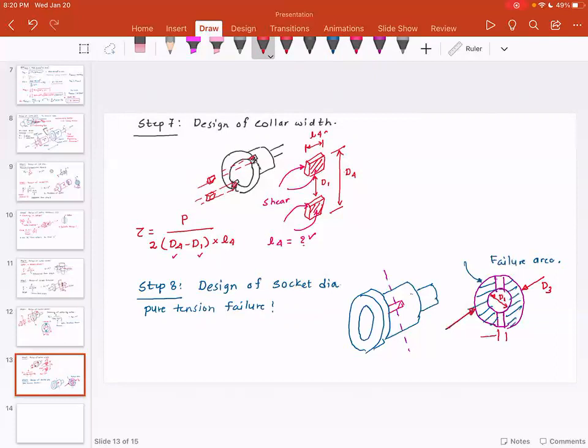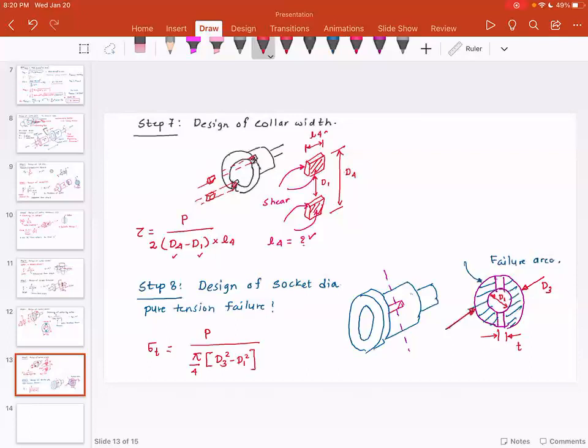This is T. So if you look at the area, sigma T is equal to P divided by pi by 4 times D3 square minus D1 square.